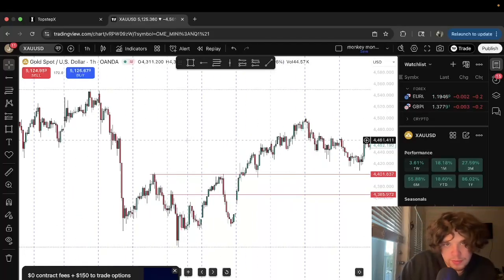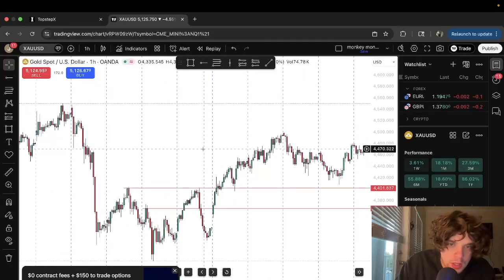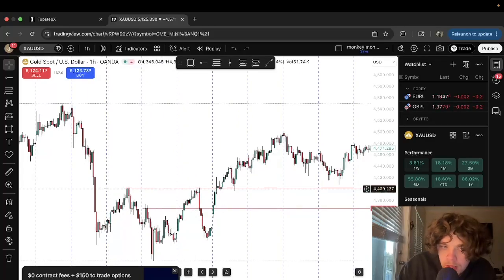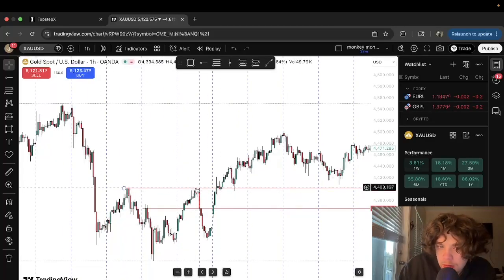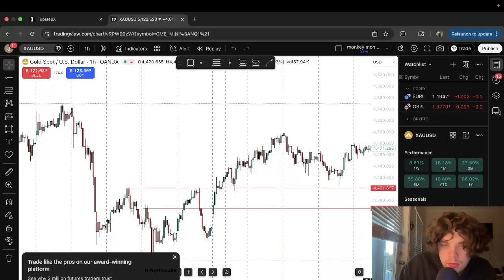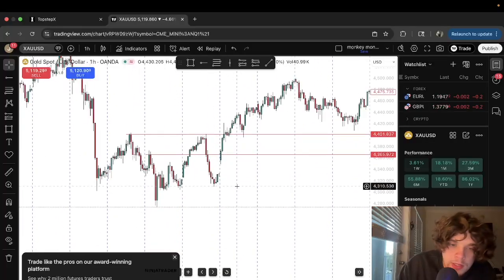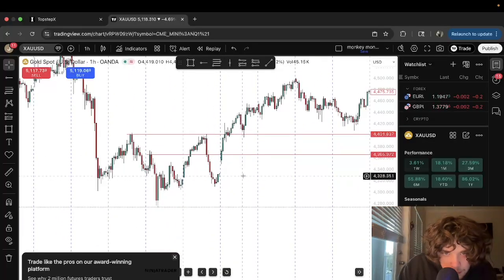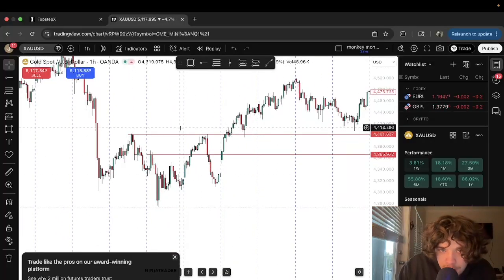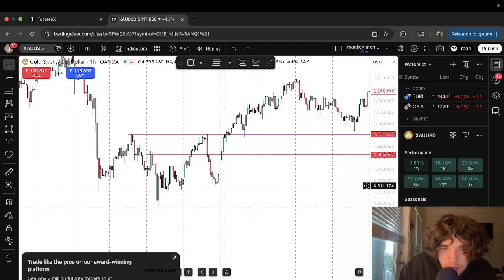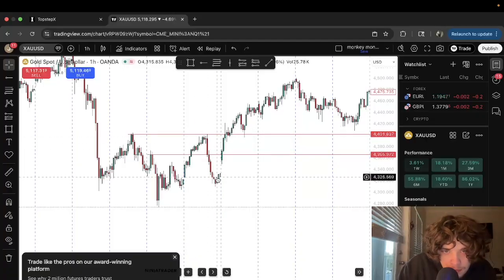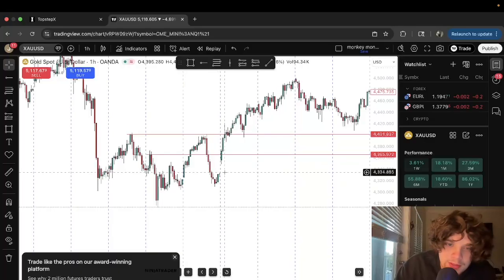So this is actually a perfect place to do this. Why could we not break full structure right here? Does anybody know? It was because we needed to retrace a little bit. We needed to retrace a little bit to take people out of this trade and create... I'm not going to tell you what that word is.